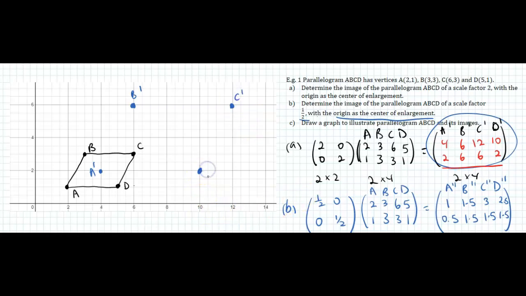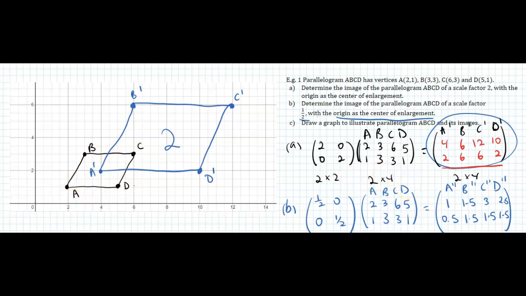Now this blue object, blue dots now, I'm trying to draw some straight lines here. Forgive me please guys, it's kind of hard using this pen. So this blue parallelogram is actually the enlargement by a scale factor of 2 of the black one, ABCD, using the center of enlargement as the center.